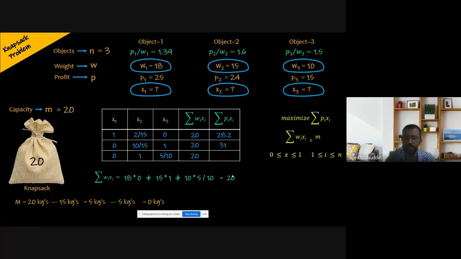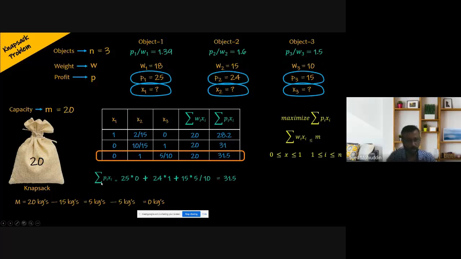What will be the profit earned? Profit earned will be 25, which is P1, multiplied by 0, plus 24, the profit for object 2, multiplied by 1, plus 15, the profit for object 3, multiplied by the fraction 5 by 10, which gives us 31.5.